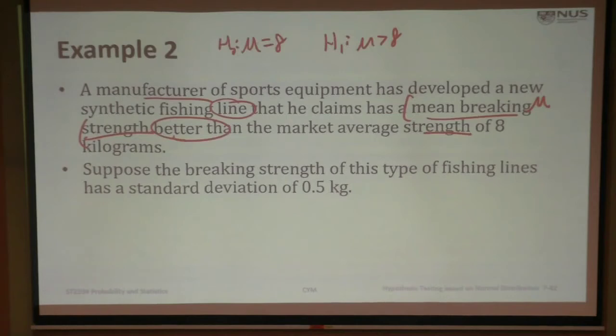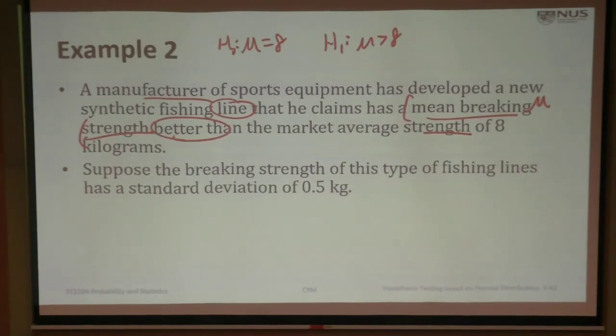Now think of it, this manufacturer claimed his fishing line has a stronger breaking strength. If you agree with him, we don't have to do anything. Say I claim I'm a genius, I have IQ equal to 200, and you believe that, what's the bother? We don't have to test me.